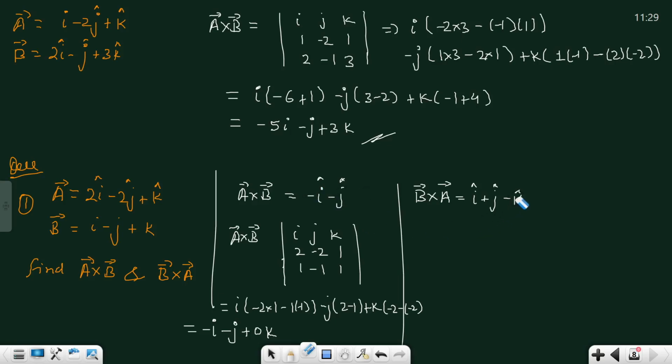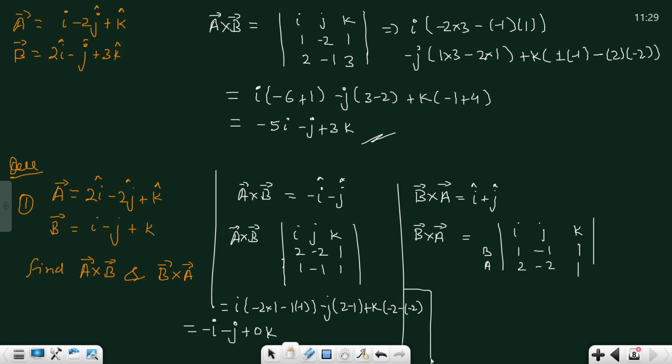And this will be plus i plus j. For B cross A, what you need to write? You will write i, j, k, and first you will write B, 1, minus 1, 1, then A, 2, minus 2.